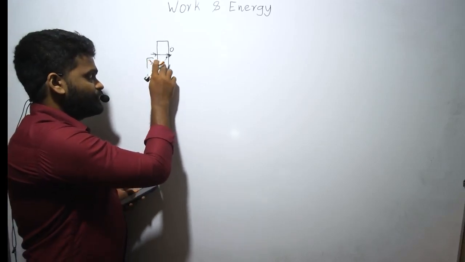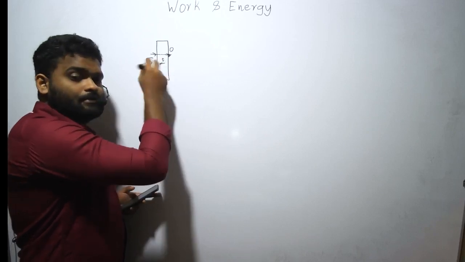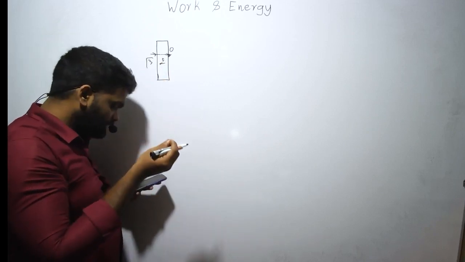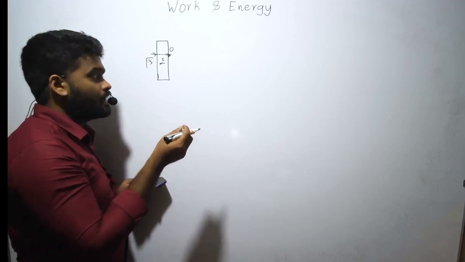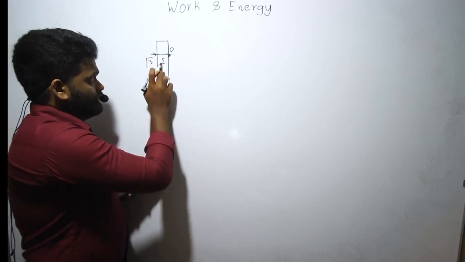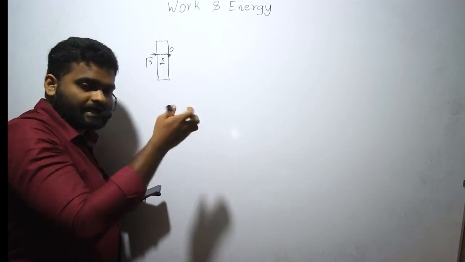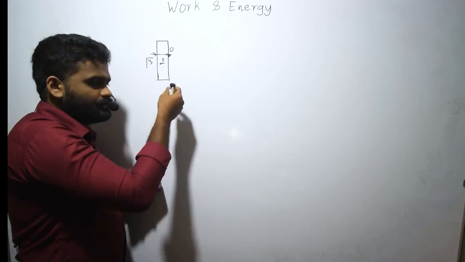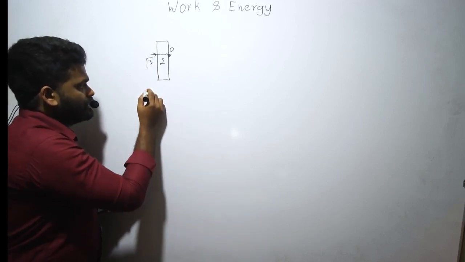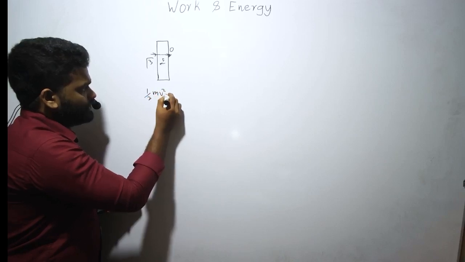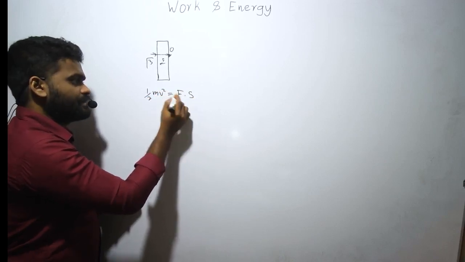So as it penetrates, there's a resistive force acted by the plank on the object. So the resistive force eats up all the kinetic energy. So half mv square is totally consumed by Fs. F means the resistive force.